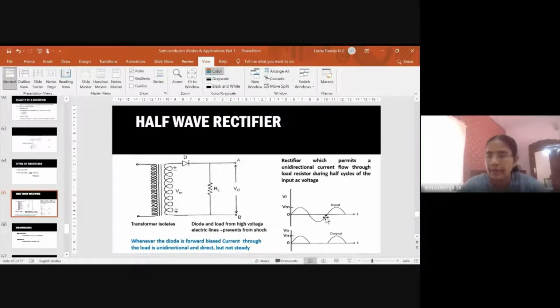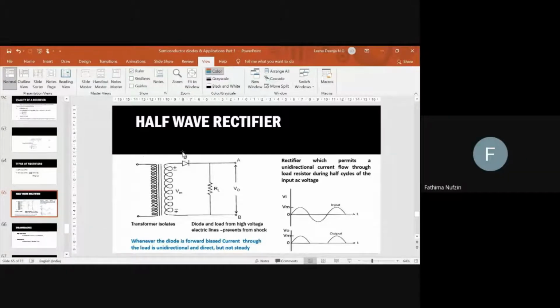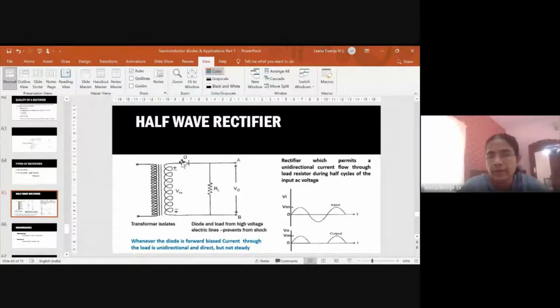Then during negative half cycle, we can see that this end, here it is negative portion. So voltage is negative. So negative is here and this end it is positive. So this diode is in reverse biasing. So diode is in reverse biasing during negative half of the input cycle.